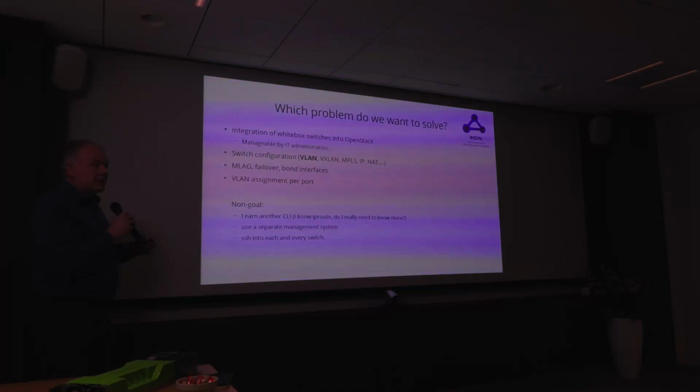Some people have bond interfaces, so they're actually connecting to two top-of-rack switches, although I believe one might actually want to kick out one of those at some given point in time, depending on the reliability that you want to have. So here we're speaking about a separation of tenant networks by means of VLANs. That is at least what was the first requirement.